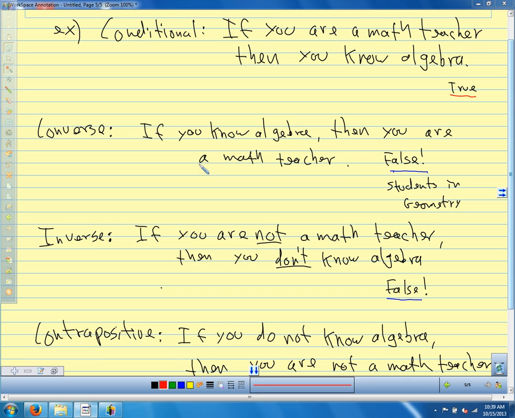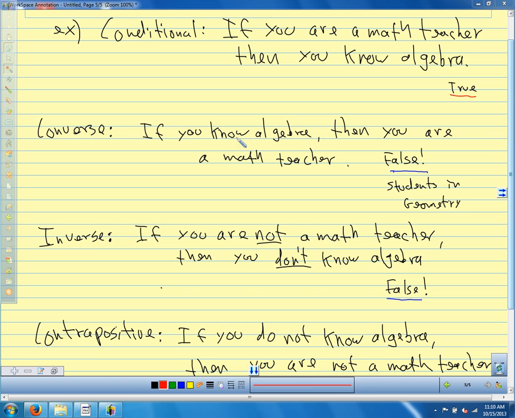And that's a mistake that a lot of people make with all kinds of different logic, is thinking that the conditional statement and the converse mean the same thing, and they don't necessarily mean the same thing. The conditional and the contrapositive tell us the same thing. The converse and the inverse tell us the same thing. But the conditional and the converse do not necessarily have the same truth value. All right, questions?